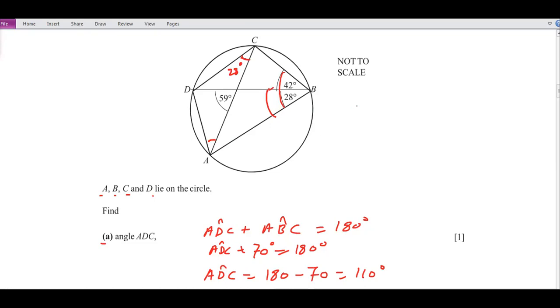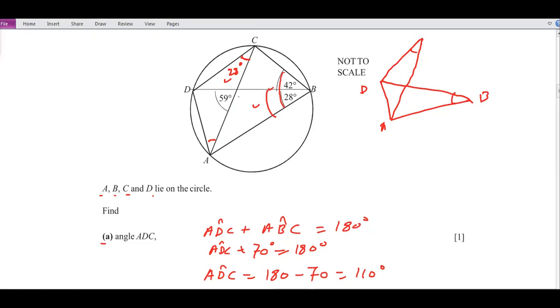Why? Because if you are going from AD to B, this is B. In the same way, from here is C. They should be the same because they are by the same chord on the circumference. This angle and this angle are by the same chord, and the same chord makes the similar angle. So it means this one is 28.